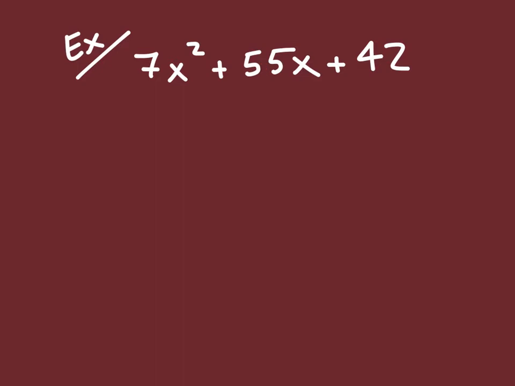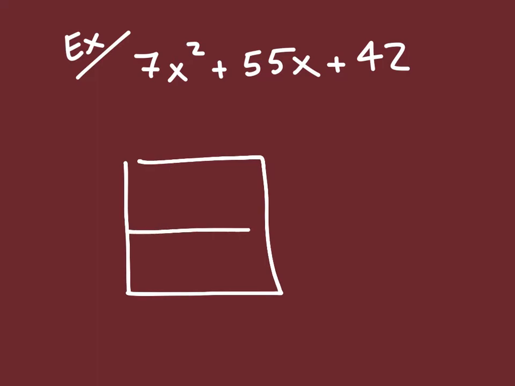So in this example, you can do this a couple different ways, but I like to use the box method because the box method to me is a fail-safe way to do this. You can keep trying different combinations and it will work, all right? So first things first, let's put 7x squared in this box here, and let's put positive 42 in this box down here.